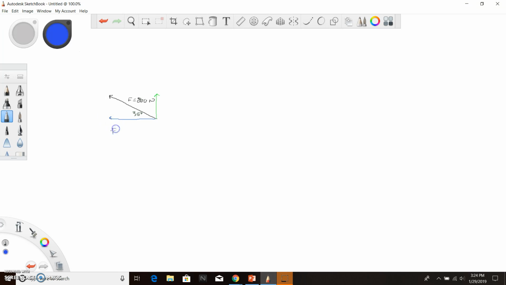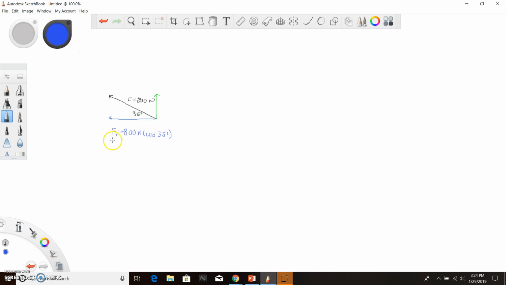F sub X is going to be equal to 800 newtons times the cosine of 35 degrees, and I know this is a negative because it's going in the negative direction.